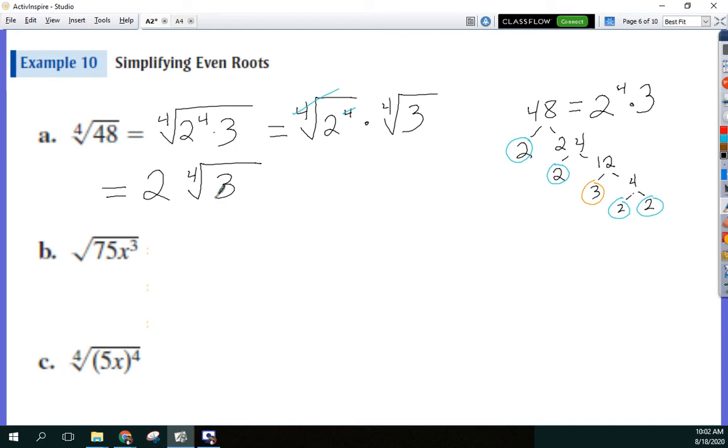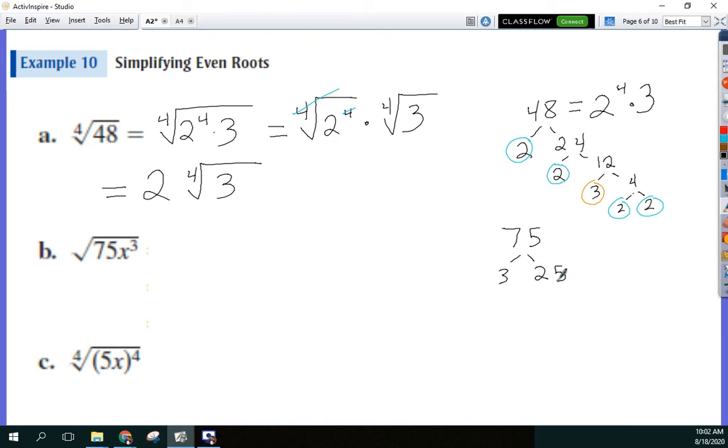So again, if we didn't know what the square root of 75 was, which there's not one, we would want to look at our factor tree. So if I look at 75, we know that 25 can go into 75 3 times.